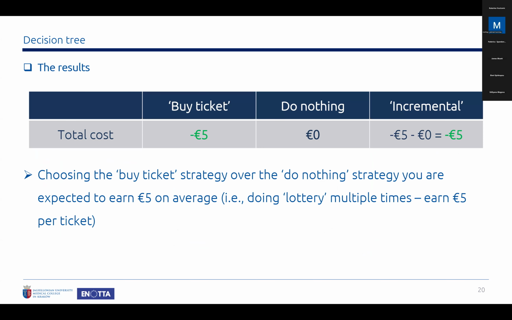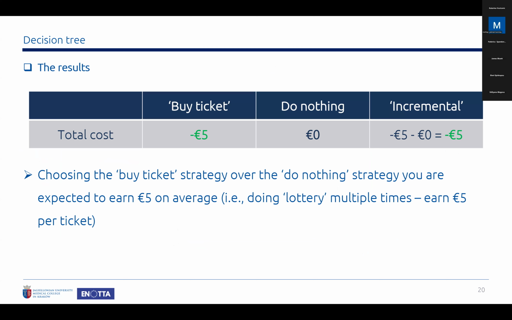After those calculations, we create a table with the decision tree results. We compare the total expected cost of each strategy, and based on the so-called incremental cost, we can choose the alternative which is the best for our money. So we compare minus €5 versus €0.